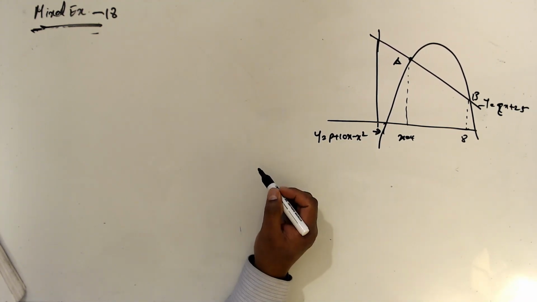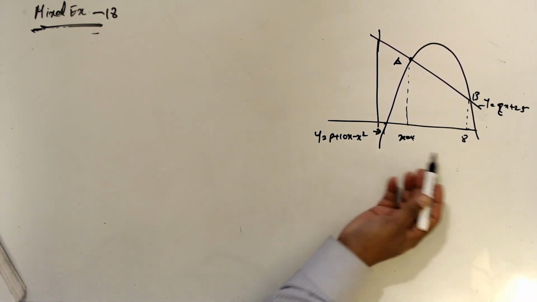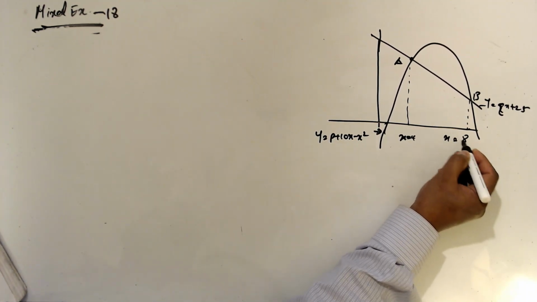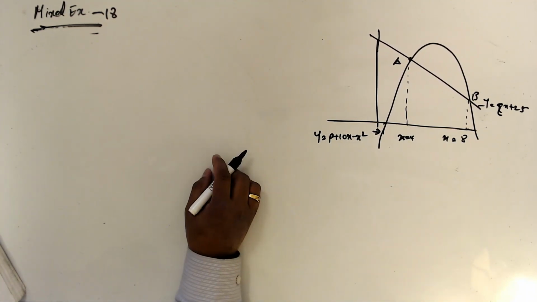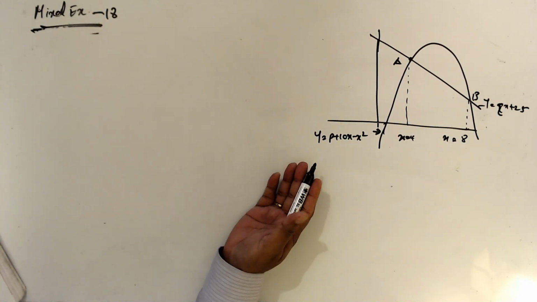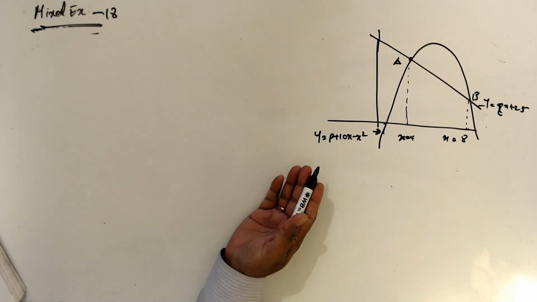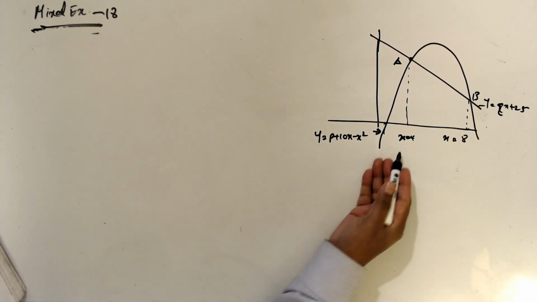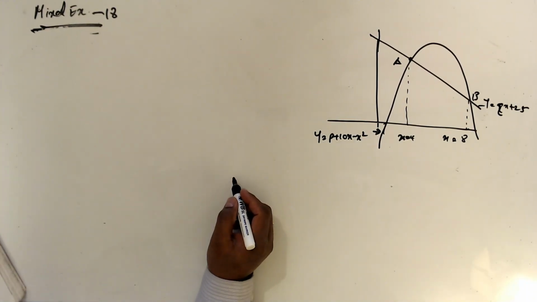It means we need two equations to solve two unknowns. And data is given, x equal 4 and x equal 8. So we sense that to find p and q, we have to use the given data x equal 4 and x equal 8.